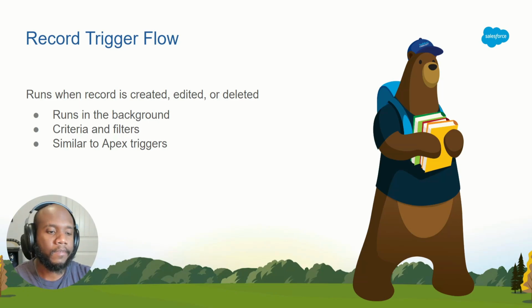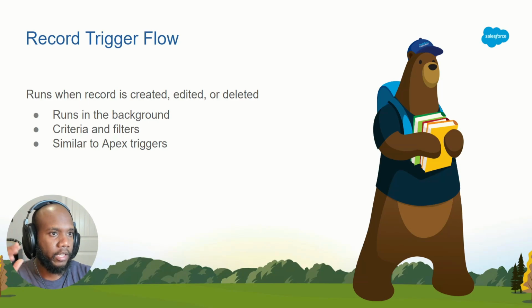These are kind of new, and they basically work like Apex triggers if you're familiar with those. It needs some sort of background record change to happen, and then these flows will go off. For example, when an opportunity is closed won, you want to create a renewal opportunity.